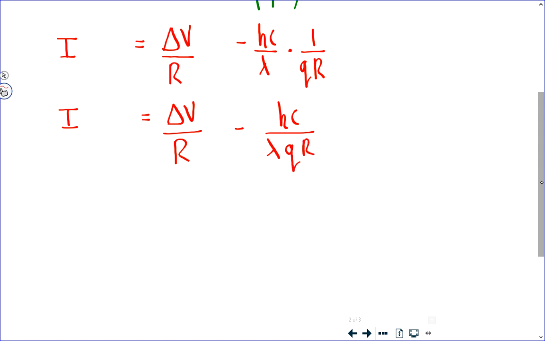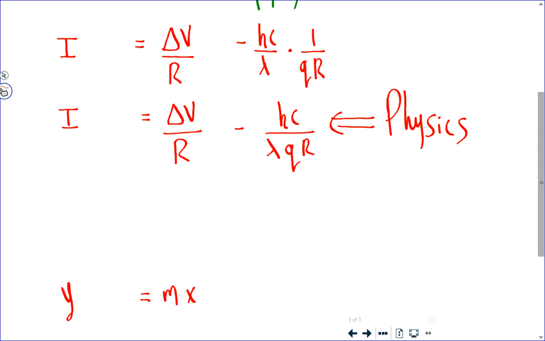Now we want to compare that equation. This is the physical equation. We want to compare that to the mathematical equation.